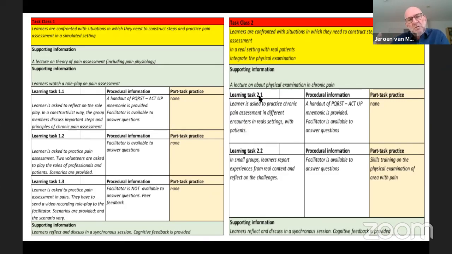And when we then increase complexity, we could, for example, work from paper-based to virtual patients on the computer, bringing in more complexity, bringing in the option to ask for more information about the patient, and so on.